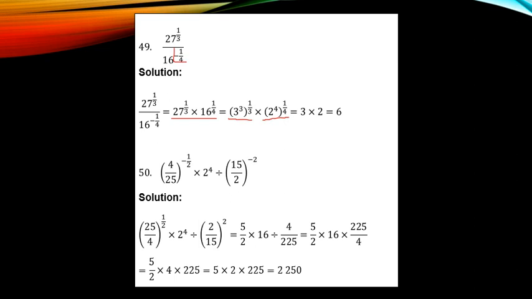Then the 4th root, the power is outside. So 3 times 1 over 3, that is the power now. You are left with 3. Then power of 4 times 1 over 4, you are left with 2. That is 3 times 2 equal to 6. You know, here we vary the approach.